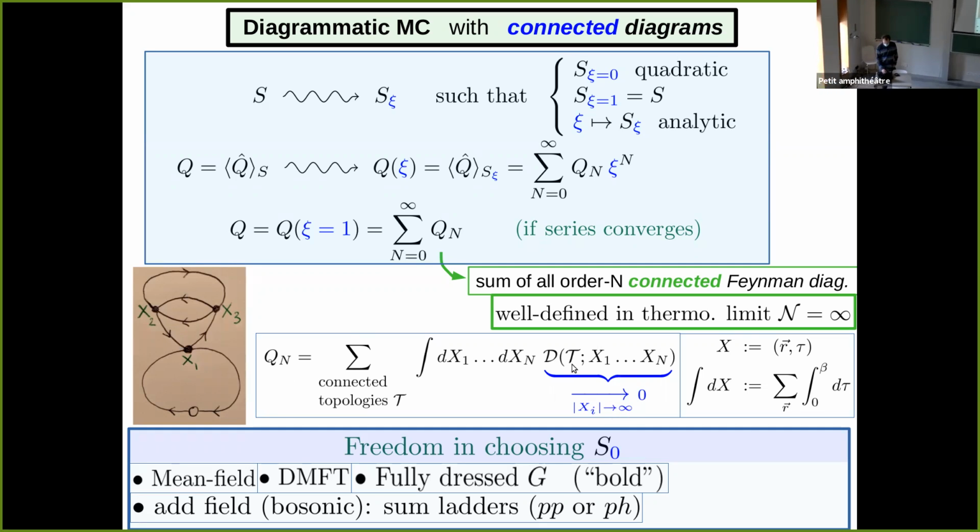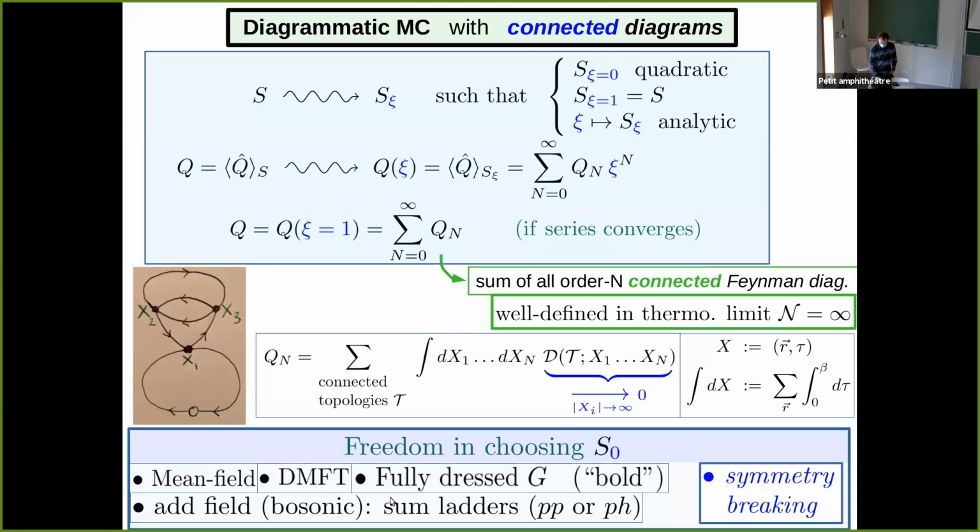So that's why this integral remains well defined in the infinite volume, in the thermodynamic limit. So as I said, there is a big freedom in choosing the starting point S naught. Several options have been already explored. And here we will use S naught, which breaks the U(1) symmetry.